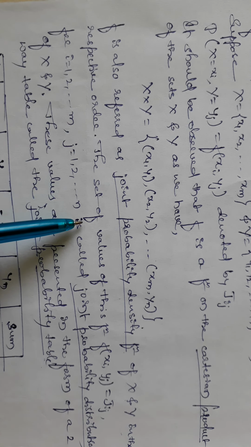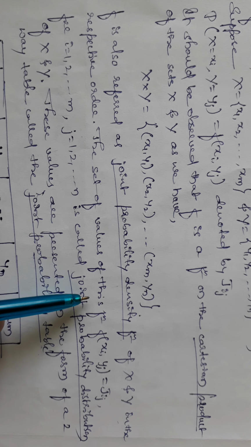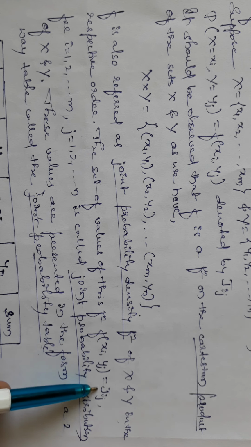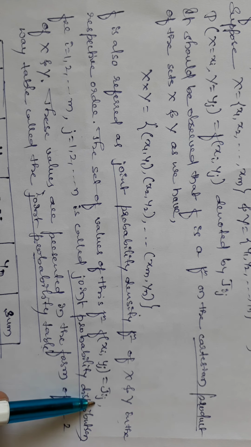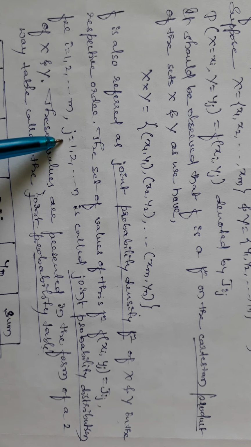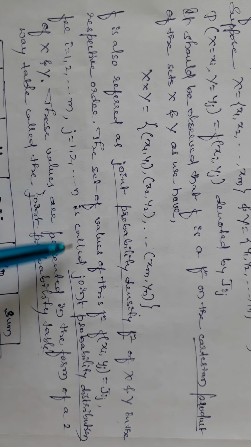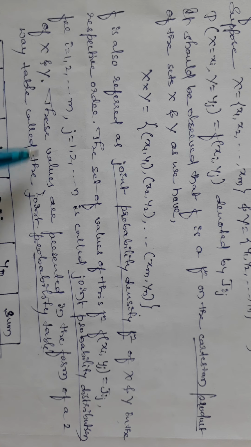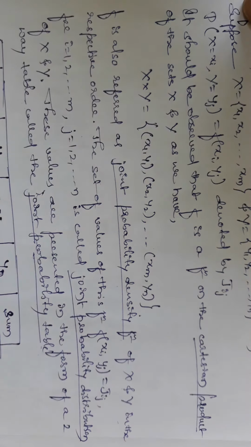The set of values of this function f(xi, yj) = Jij for i equal to 1 to m and j equal to 1 to n is called the joint probability distribution of X and Y. These values, presented in the form of a table, are called the joint probability table.